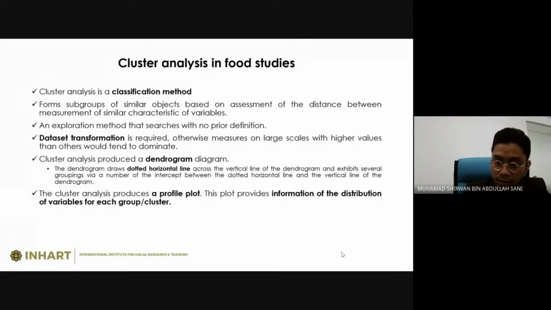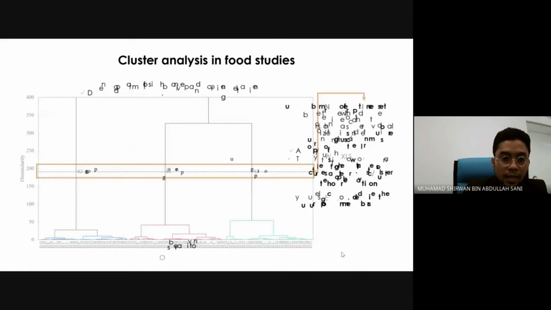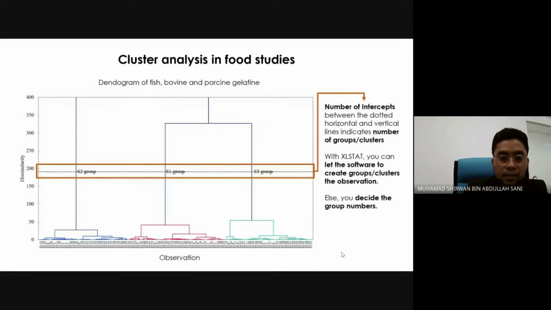So this cluster analysis will produce two results. First we have the dendrogram. From this dendrogram, we get the horizontal line. The horizontal line that crosses the vertical lines indicates the number of groups given by the cluster analysis. However, to get these groups, there are two ways.